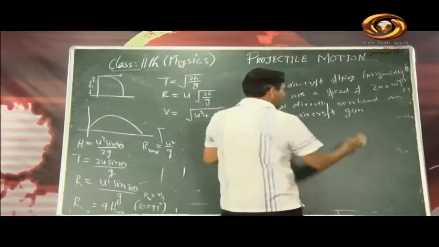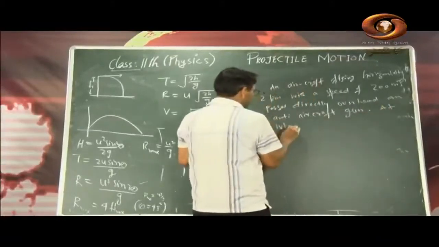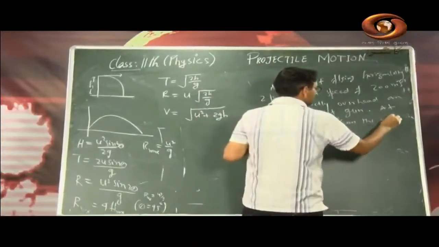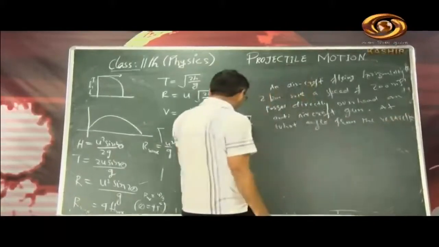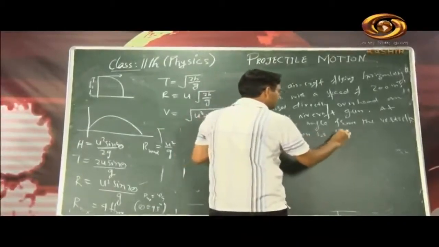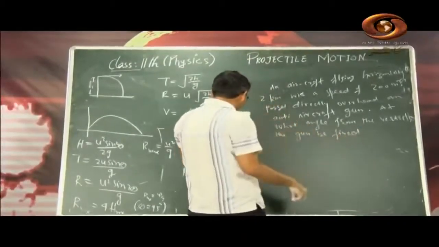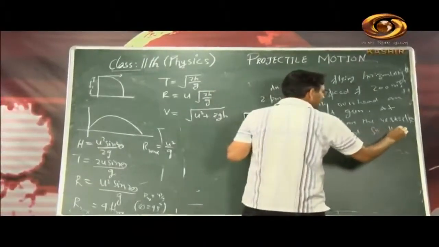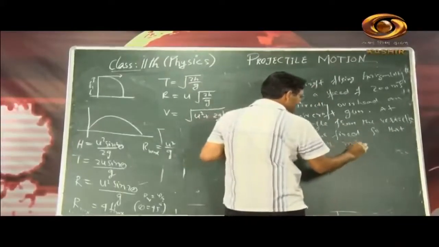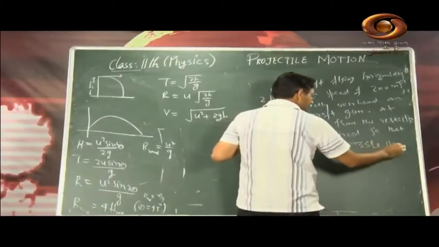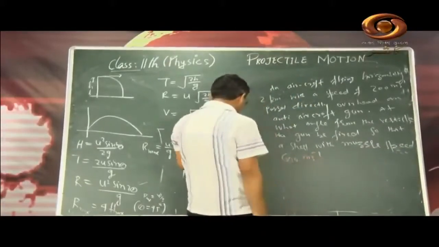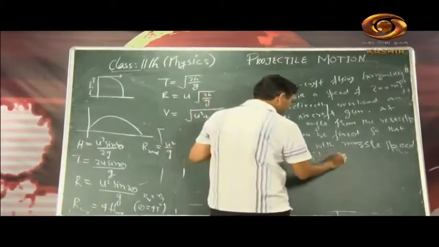At what angle from the vertical should the gun be fired so that a shell with muzzle speed 600 meters per second may hit the plane?